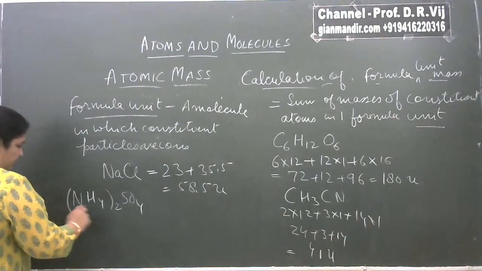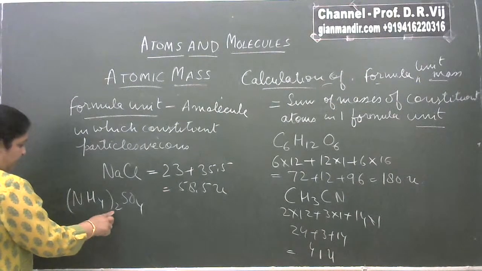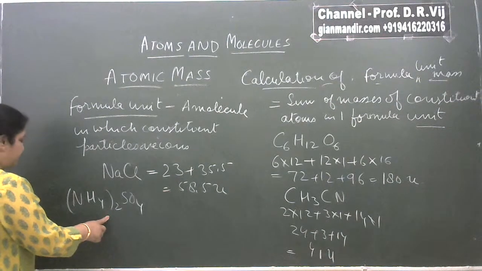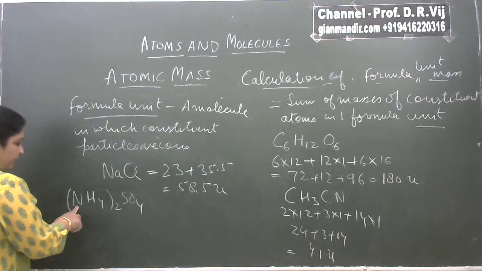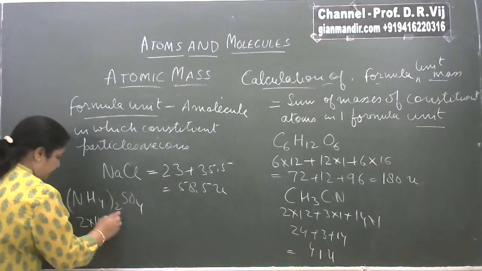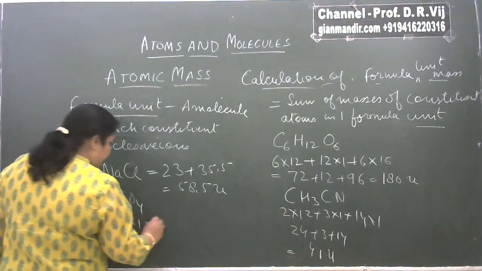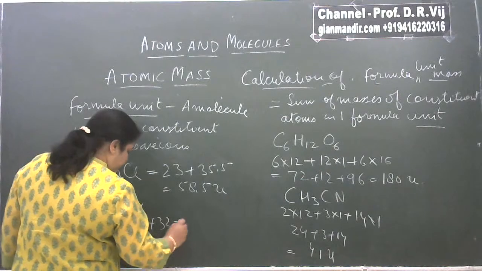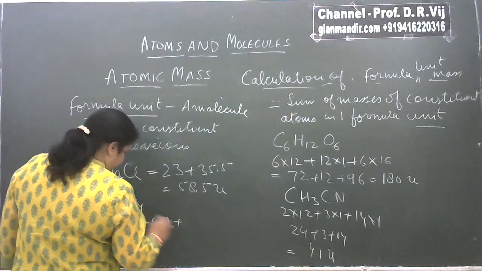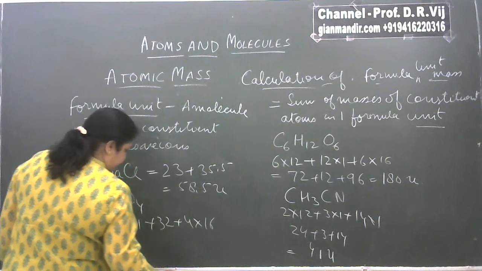Suppose you want to calculate the formula unit mass of ammonium sulfate. So here you can see, now be careful because this all is enclosed in a bracket multiplied by 2, that means it is twice. So here you have 2 nitrogen atoms, then 2 into 14 plus total 8 hydrogen atoms, 8 into 1 plus 1 sulfur 32 plus 4 oxygen, so 4 into 16.